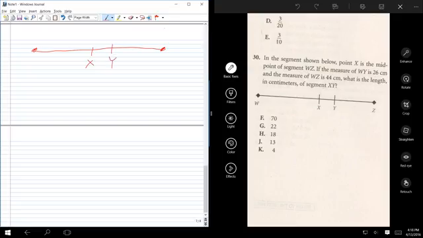What have they told us? WY is 26, and WZ is 44. And then WX is 22. So the answer's K.